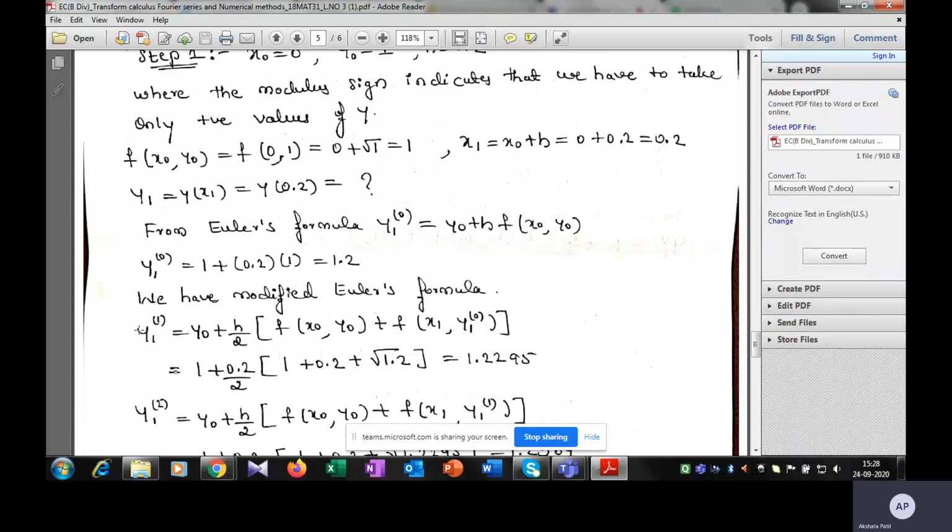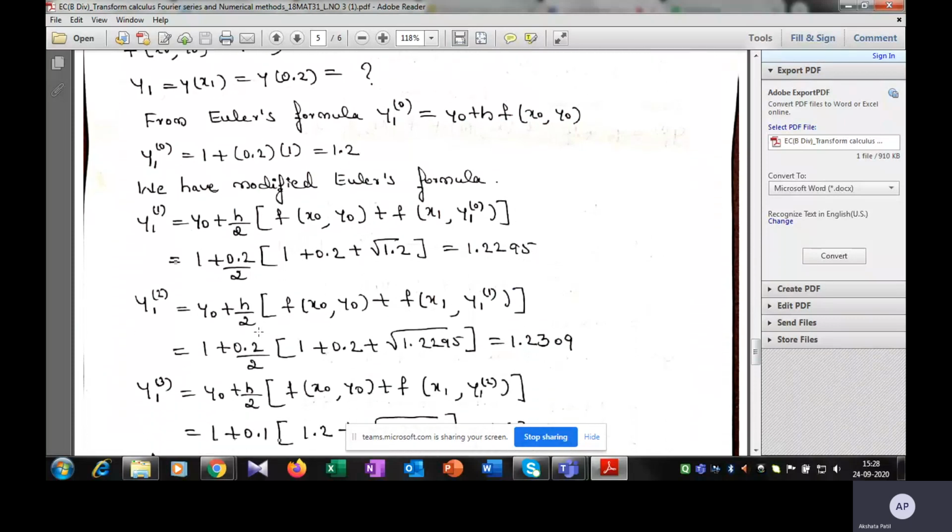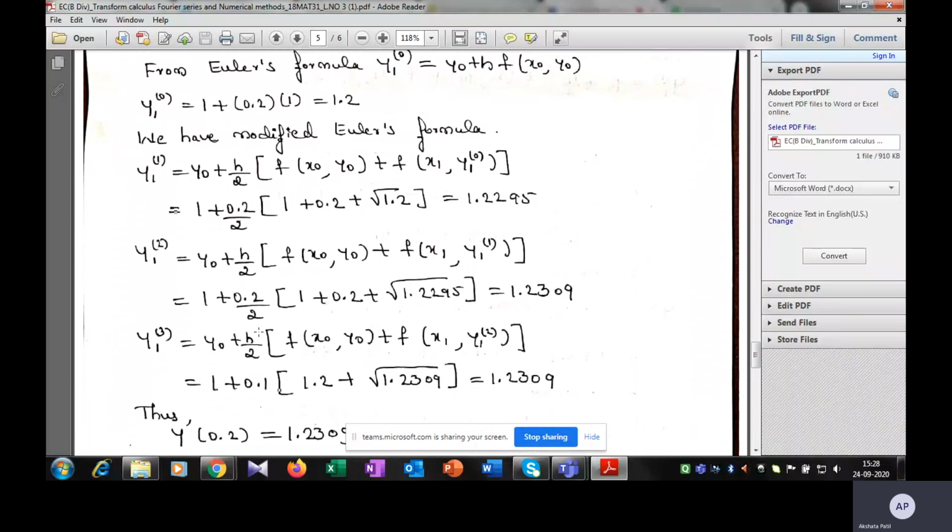So let us take the formula here, that is y1 of first approximation, which equals y0 plus h by 2 into f of x0 comma y0 plus f of x1 comma y1 of initial approximation. Means use the initial approximation value in the first approximation of modified Euler's method. So y0 is 1, plus h is 0.2 divided by 2, into f of x0 comma y0, that is 1, plus f of x1 comma y1 of initial approximation.